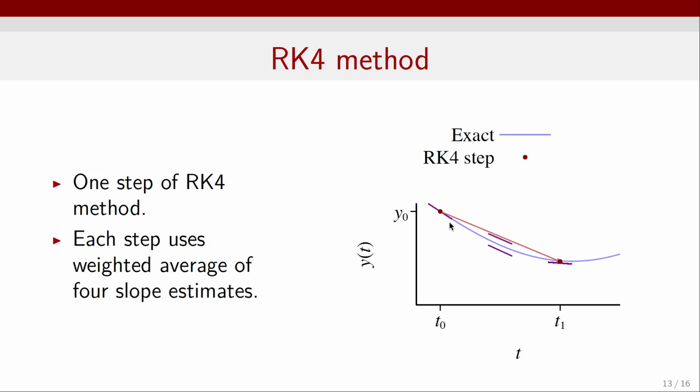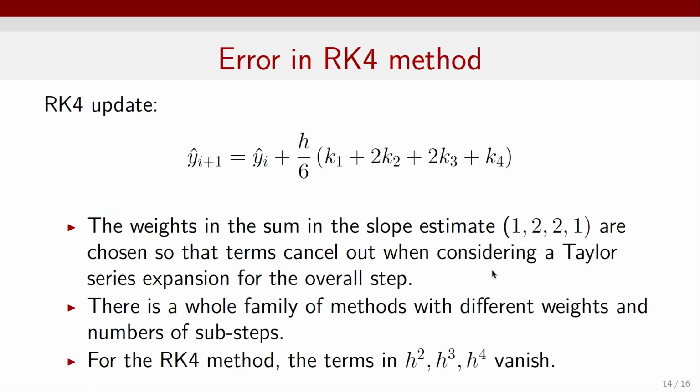And the Runge-Kutta step is a weighted average of these 4 slope estimates. So one Runge-Kutta step looks like this, and it takes you from time i to time i plus 1 by doing these intermediate evaluations.